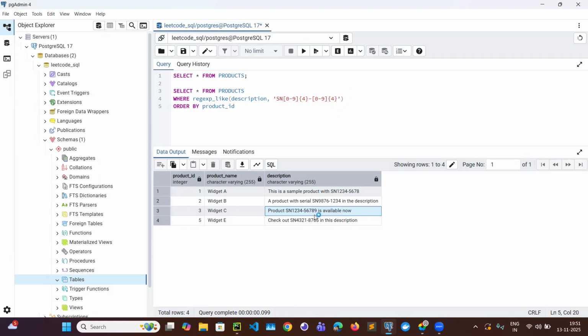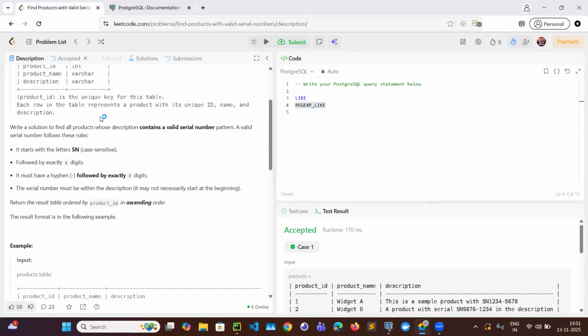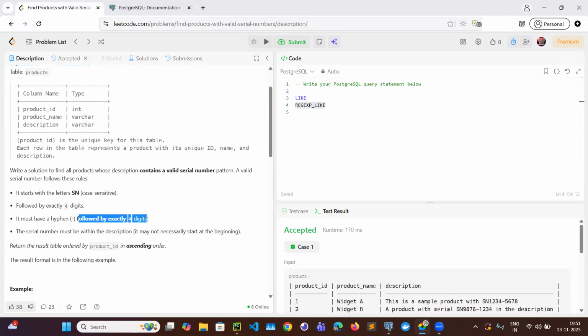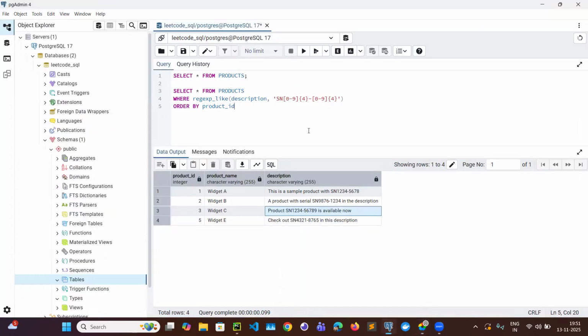All right. So basically we don't want any digit after that, because they have clearly mentioned it should be exactly 4 digits, but they have not mentioned whether it can contain characters. They have mentioned it should be like 1 2 3 4, 1 1 2 1 3, and 1 2 3 4 5 6 7 8.